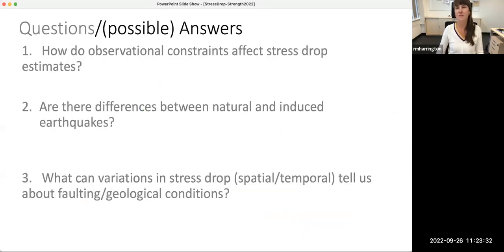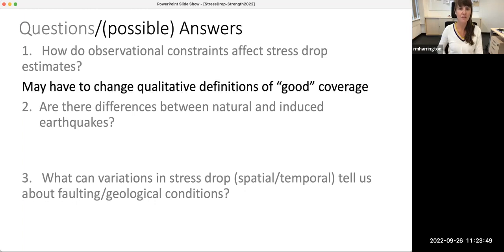So to go back to those questions that I posed at the beginning, let me try to provide possible answers for them, at least within the context of the work that we've done. For the first one, how the observational constraints can affect stress drop estimates, I think our study with the LASSO data was pretty sobering.